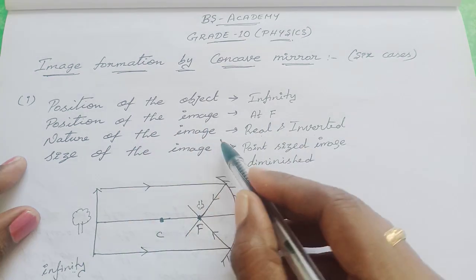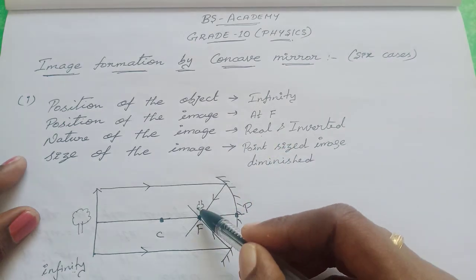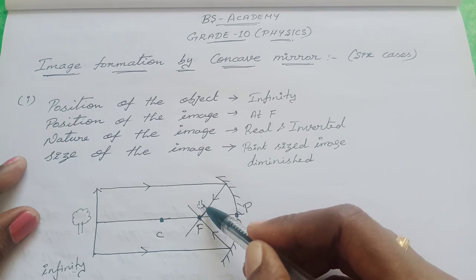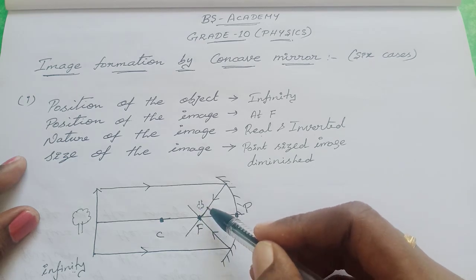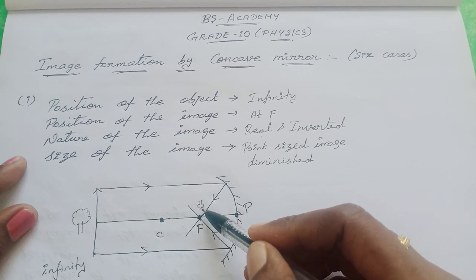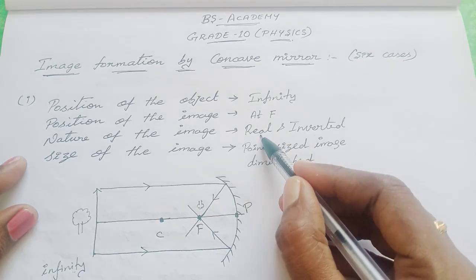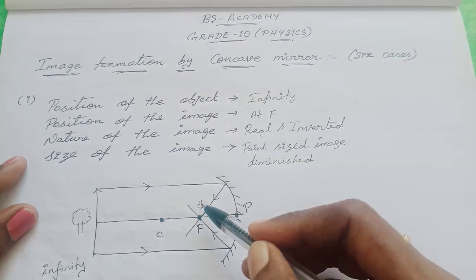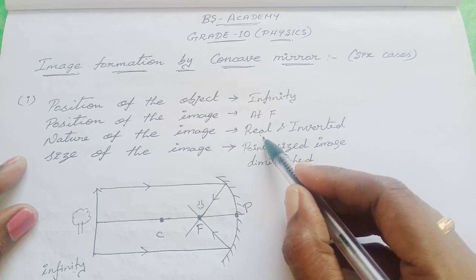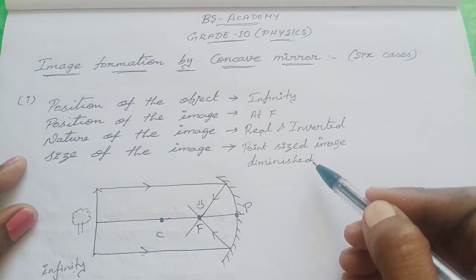And what will be the nature of the image? If you place the screen at this point F, we are able to see this image on the screen. It means this image is obtained on the screen. We know the image obtained on the screen is called a real image. And also we are able to see the inverted image. Therefore the nature of the image is real and inverted.